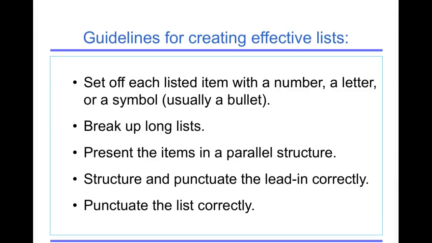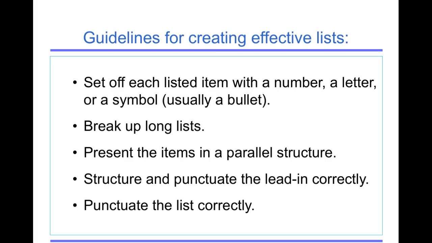So here are some guidelines for creating effective lists. Set off each item listed with a number, a letter, or a symbol, usually a bullet. Generally, I will use either numbers or bullets, just because that's what I do. Letters are certainly appropriate if you prefer them.